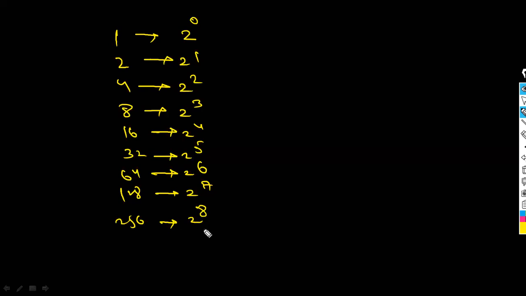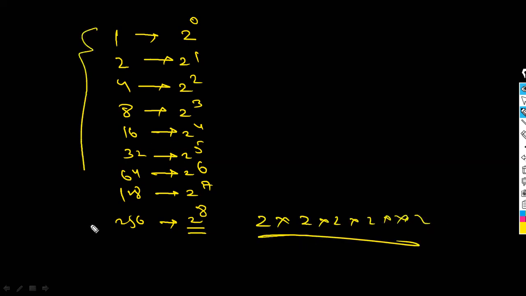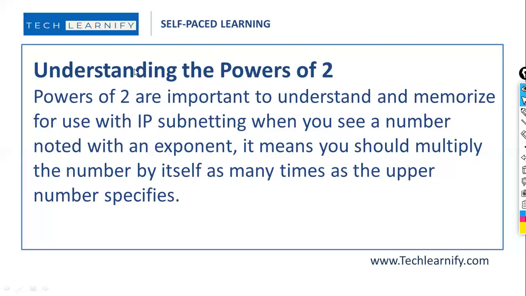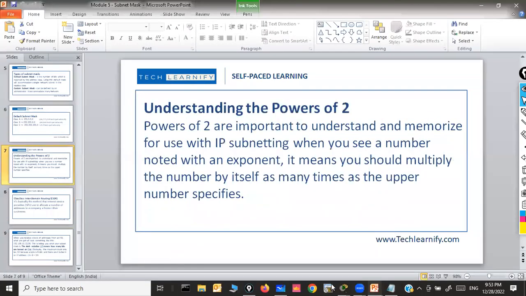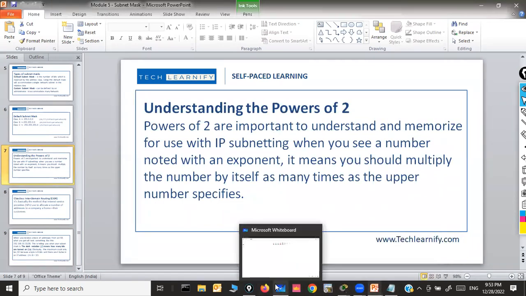So 2 raised to the power 8 means 2 multiplied 8 times. And if you get confused while doing practice, then you can always use the calculator. The calculator will help you out. Let me see if I can show you where the calculator is.